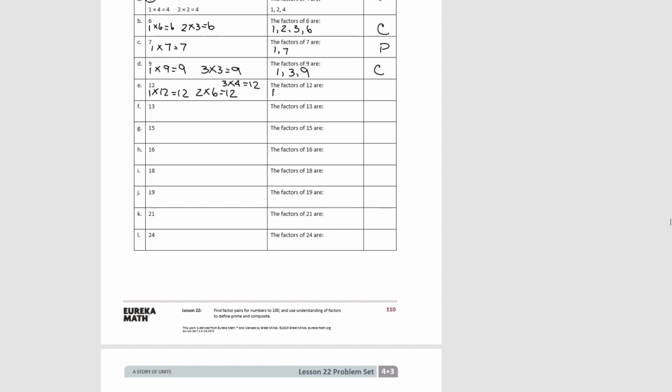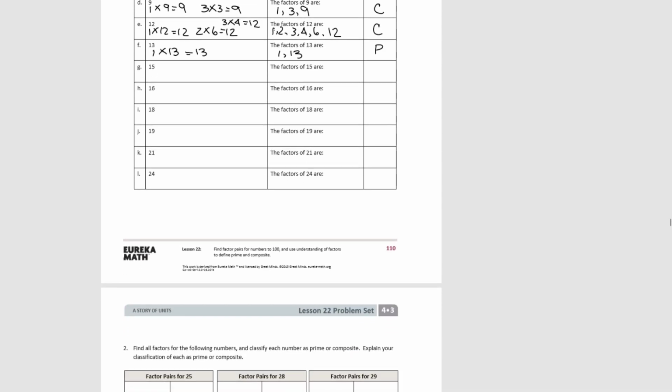So we have 1, 2, 3, 4, 6, and 12. So definitely more than just 1 and 12, so that's a composite number. Try the number 13. We can do 1 times 13, but that's all we can do. So the factors are 1 and 13, which makes this number prime.